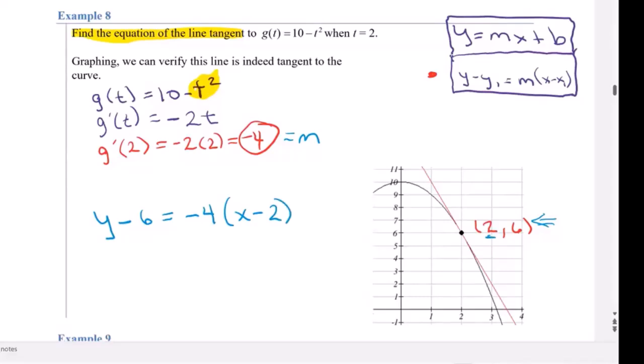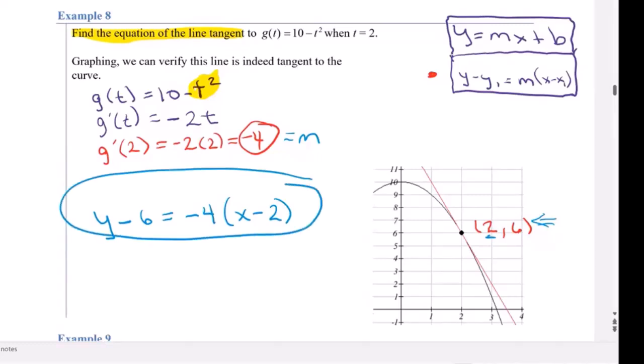And you can leave it like this. This is the equation of the line tangent to the curve when t equals 2. Unless someone says put it in slope-intercept form, you can definitely leave it in point-slope form. They're both very valid. And this one's much easier.